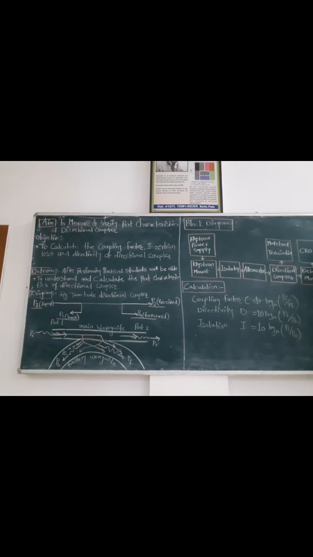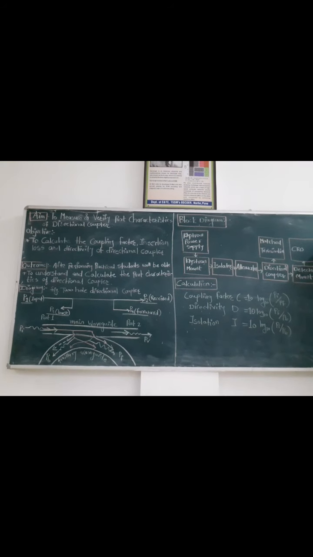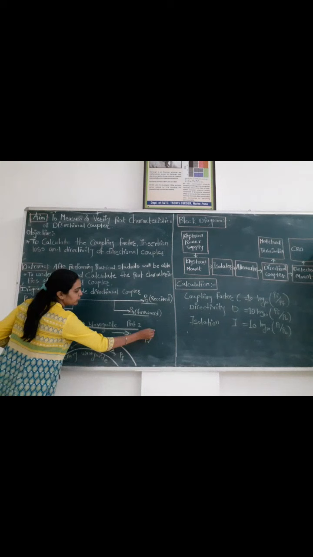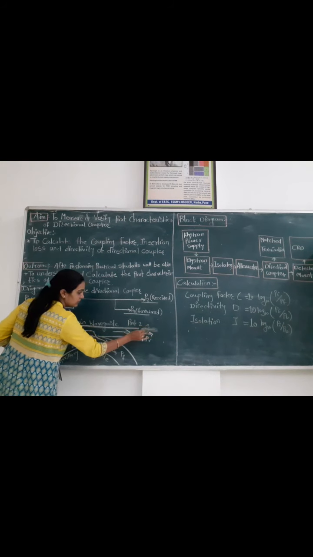So here the main arm gets divided into port 2 and port 4 and almost no power at port number 3. So the power which is entering into port 2 is divided into port 1 and port 3 but not at port number 4. Means if we give input from this side, in that case what happens?